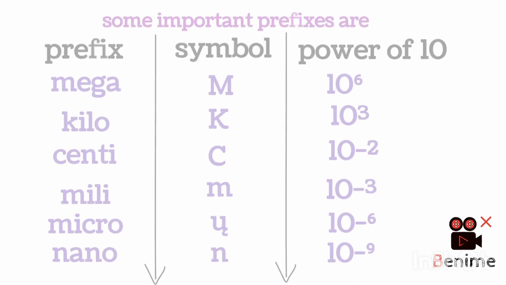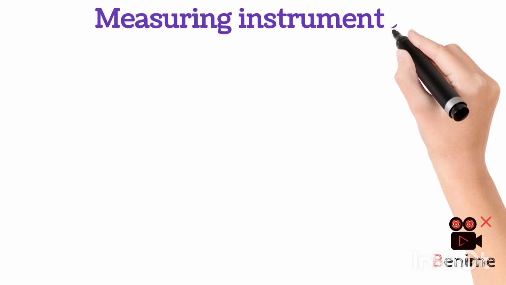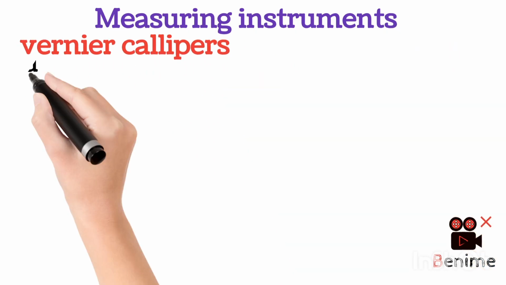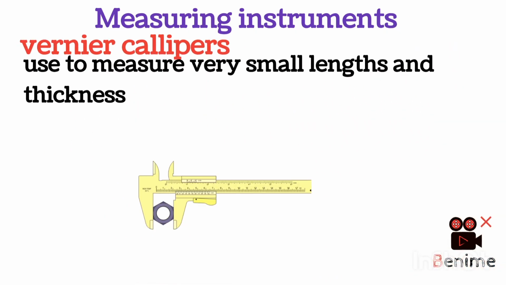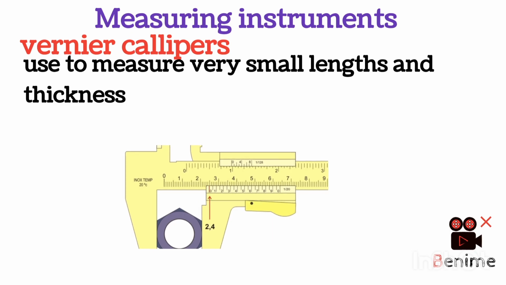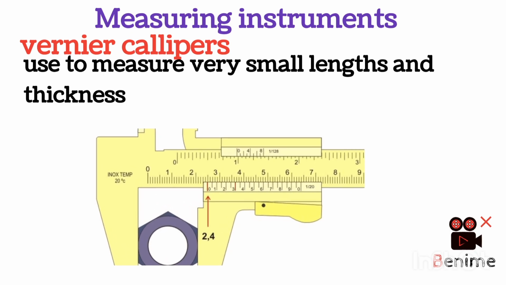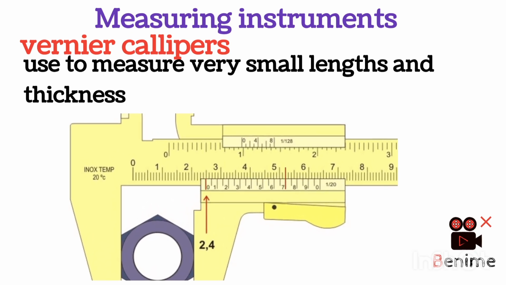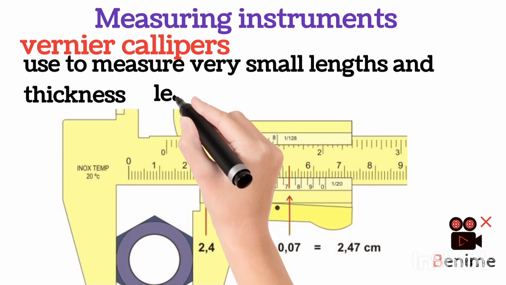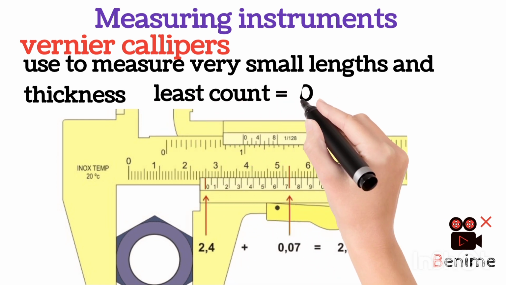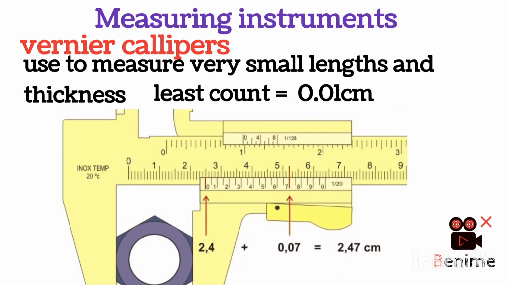To measure physical quantities, we use a number of measuring instruments. For example, very small lengths and thickness are measured by vernier calipers, which measure quantities up to 0.01 centimeters. This is called least count.